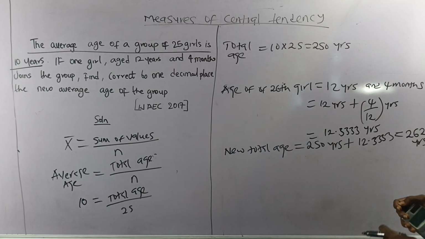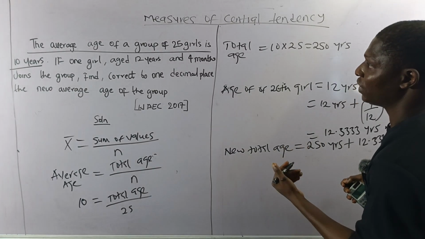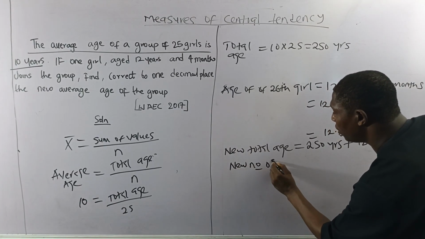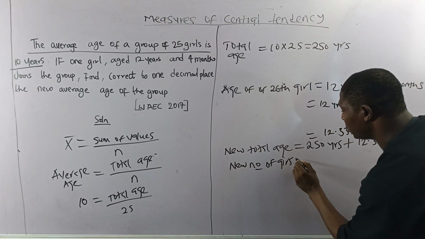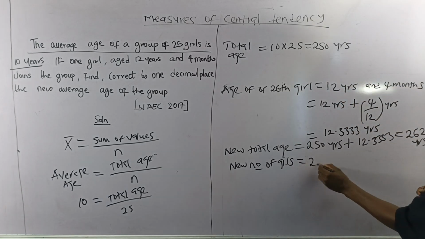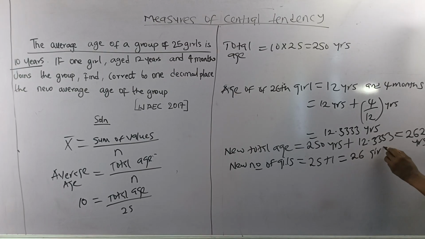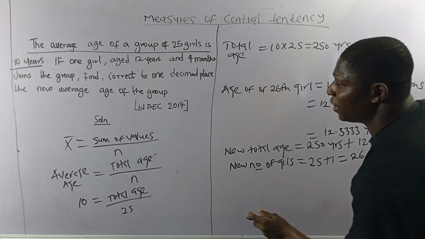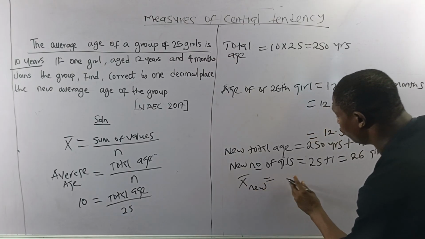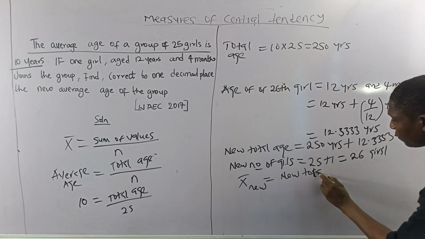Now we still need to get the new number of observations, which is the new number of girls, which will be equal to 25 plus 1, which is equal to 26 girls.